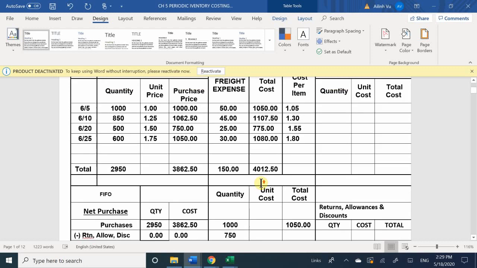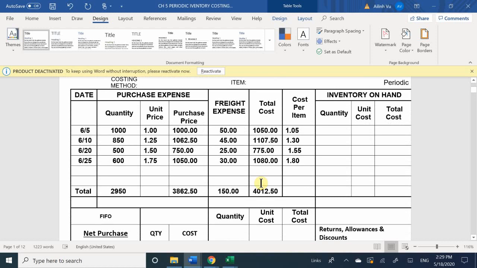And how much does it cost to sell the second batch? $977.18. What number did you use to calculate that? I took 750 times $1.30.